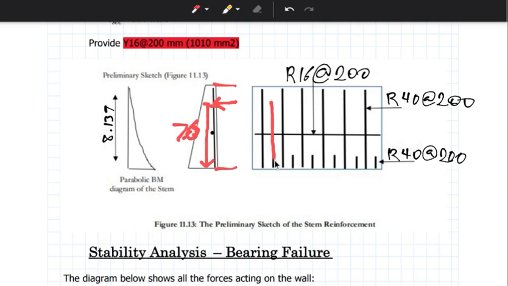So the spacing will be halved, which means this will be at 200.